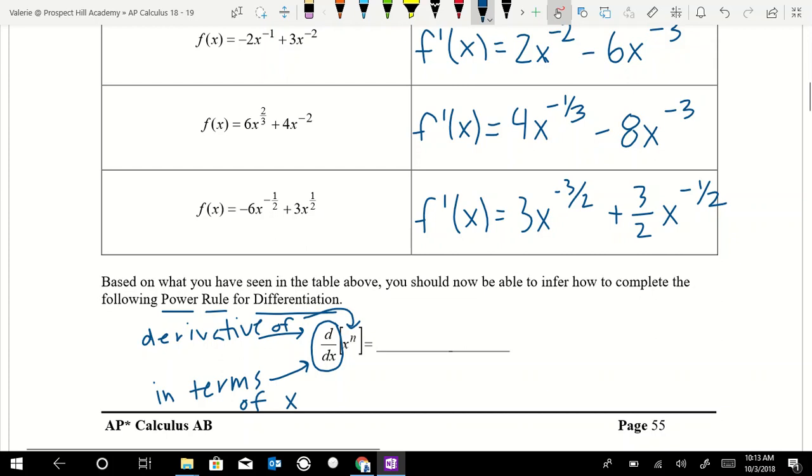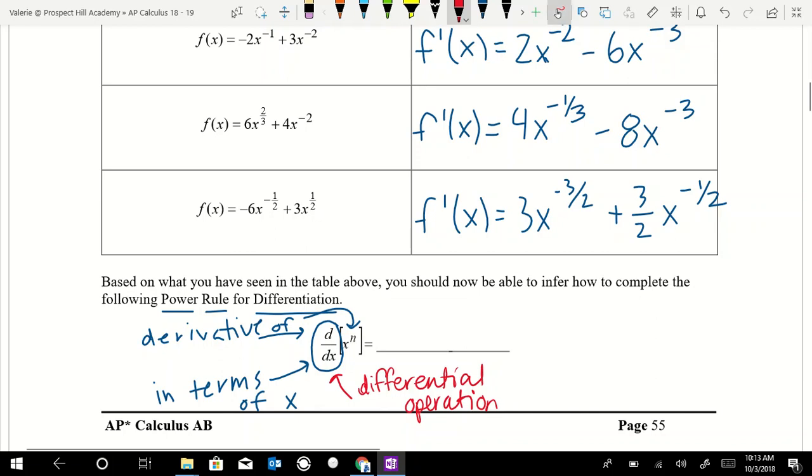And another way to call this is just a differential operation. So you'll see this notation sporadically as well as the f prime of x notation.